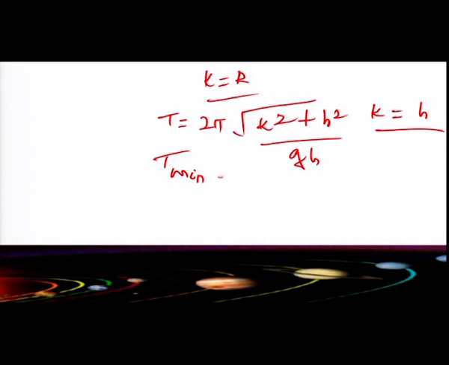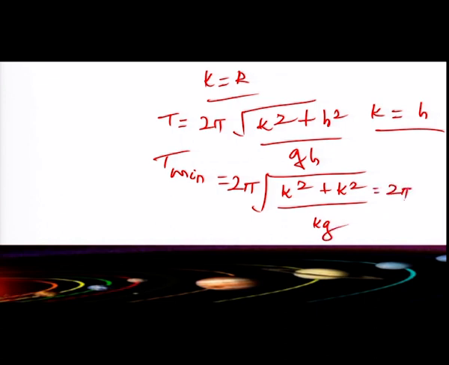Therefore, T minimum is equal to 2 pi root of (k squared plus h squared) by g h. With h equal to k, we have k squared plus k squared by k g. So, that is equal to 2 pi root of 2k by g.